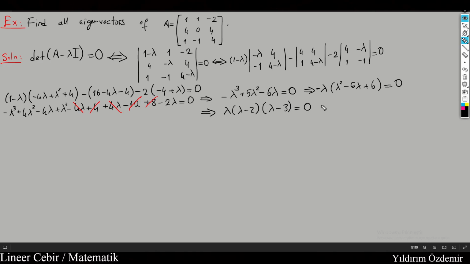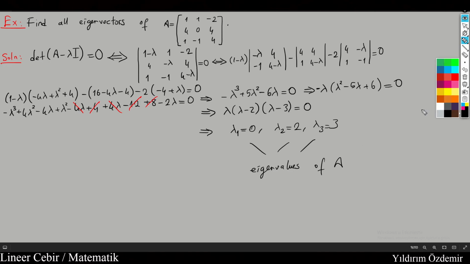So it is easy to see that lambda 1 is equal to 0, lambda 2 is 2, and lambda 3 is equal to 3. They are all eigenvalues of A.